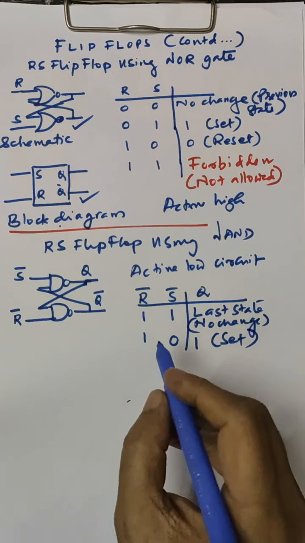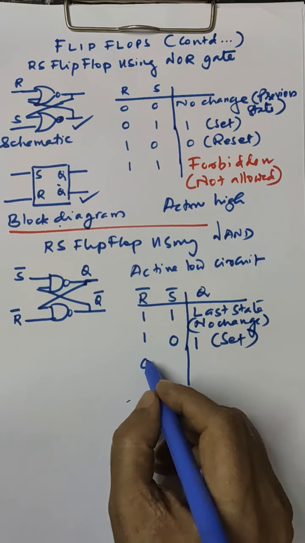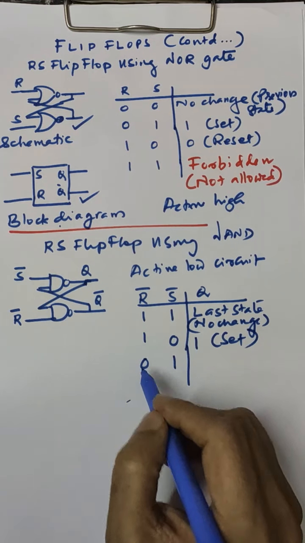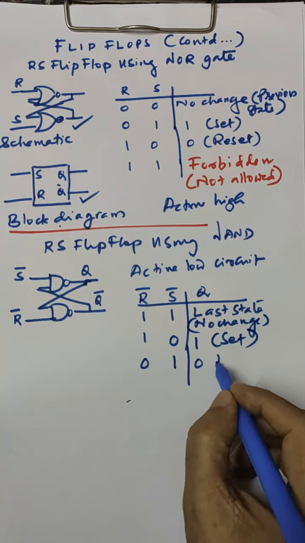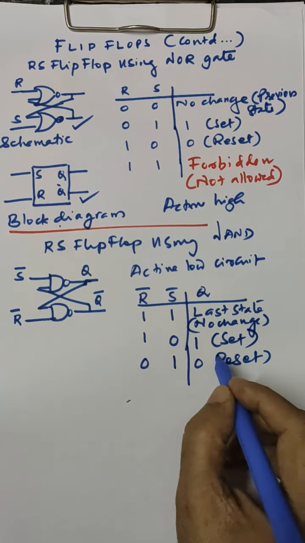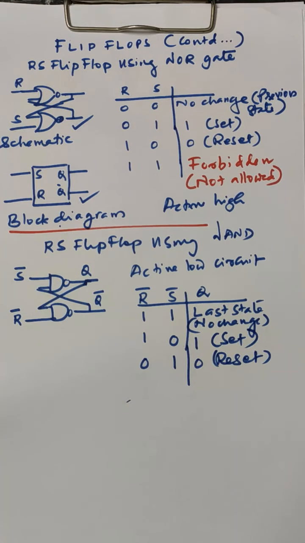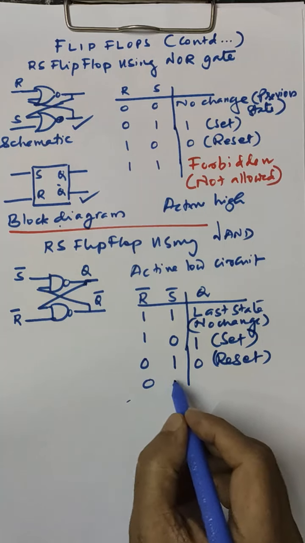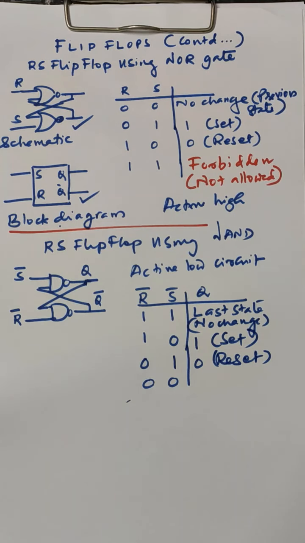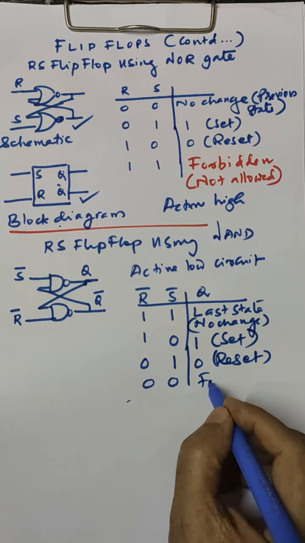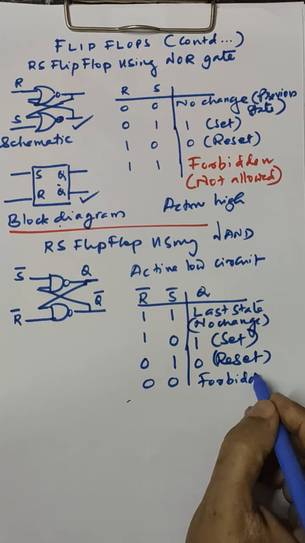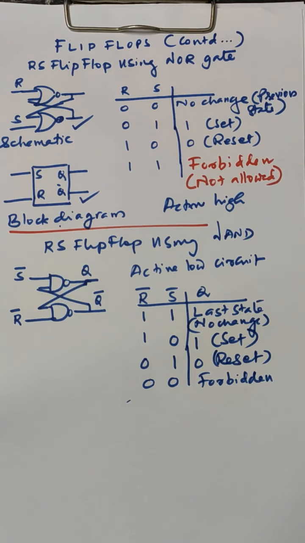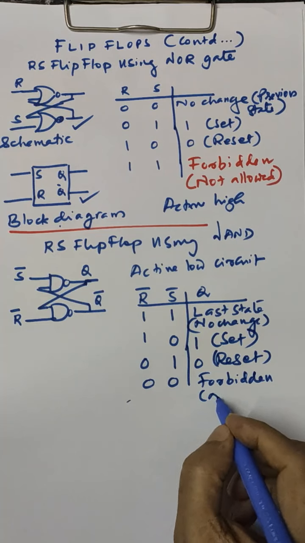Now again, if you take 0 and 1, R bar is equal to 0, it is a reset condition. So far it is fine. And the last one, 0 0, is actually the forbidden condition in this state. So this condition is not allowed.